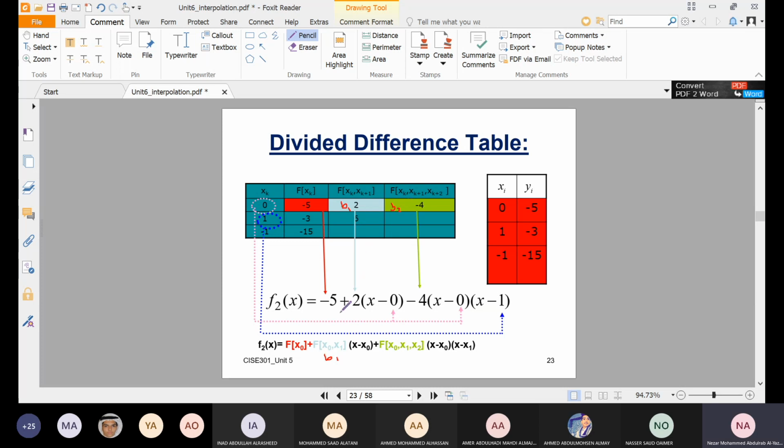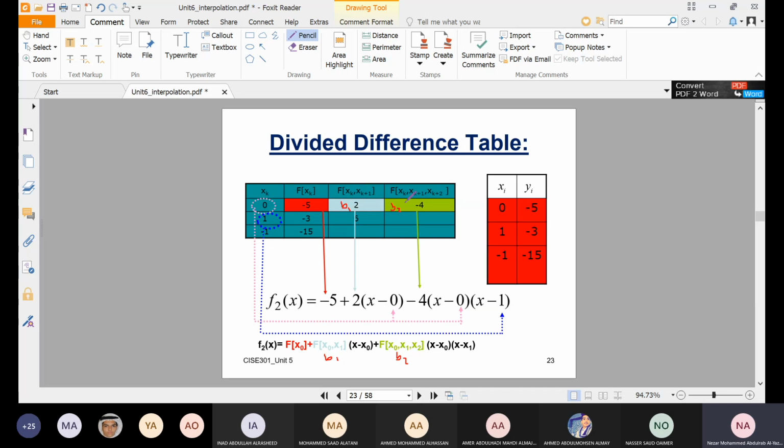The first row, okay, so here we take this one. f of x0 is this coefficient, B0. B1 is 2, I multiply it by x minus x0, plus B2, which is the second divided difference, minus 4.